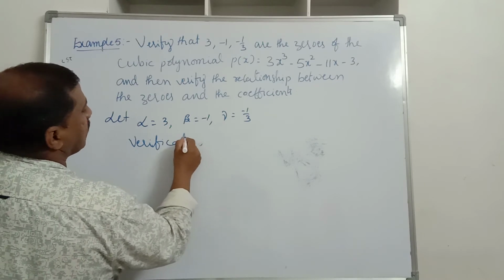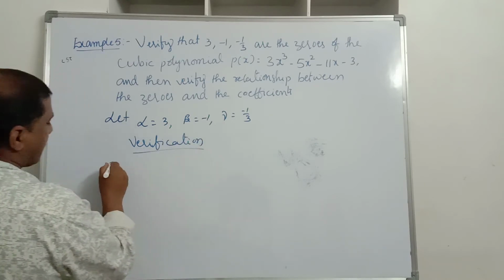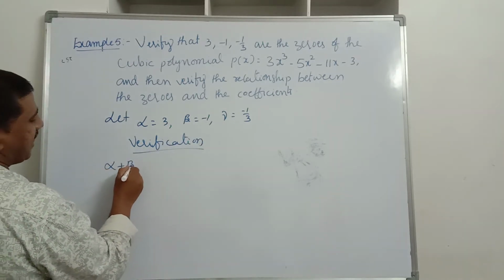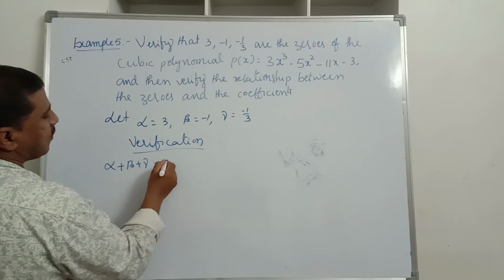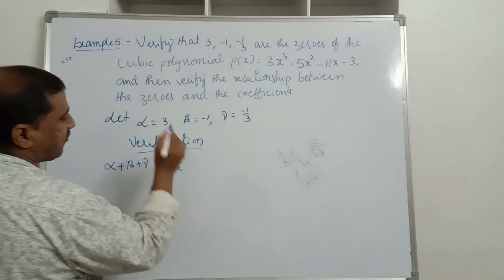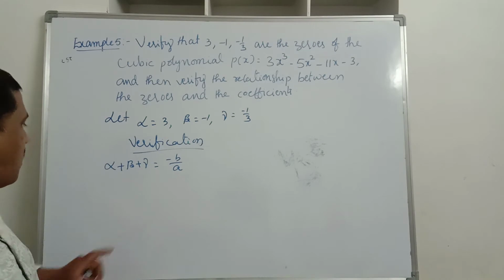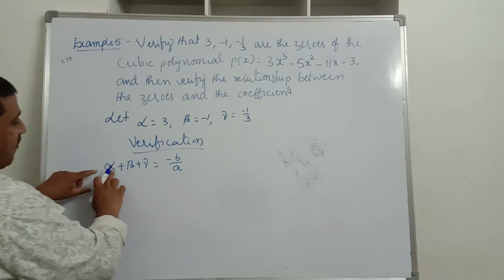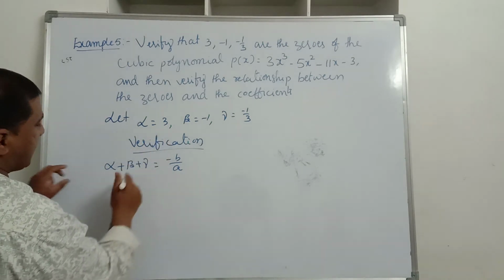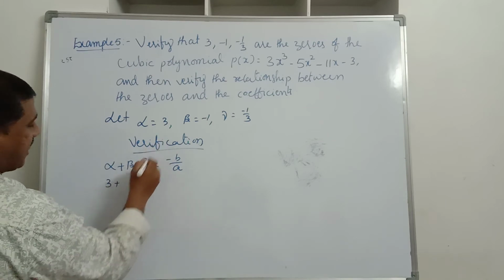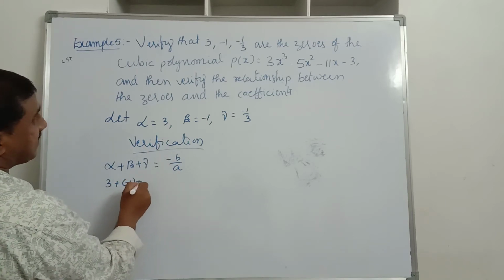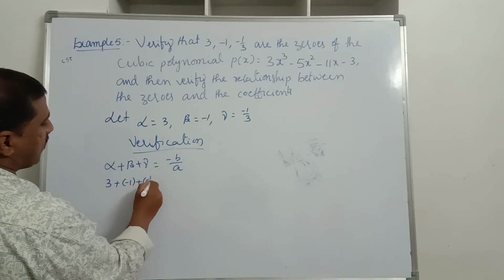Verification. The sum of the zeros, that is alpha plus beta plus gamma, is equal to minus b by a. We will verify whether it is satisfied or not. Alpha plus beta plus gamma: alpha is 3, plus beta is minus 1, plus gamma is minus 1 by 3.